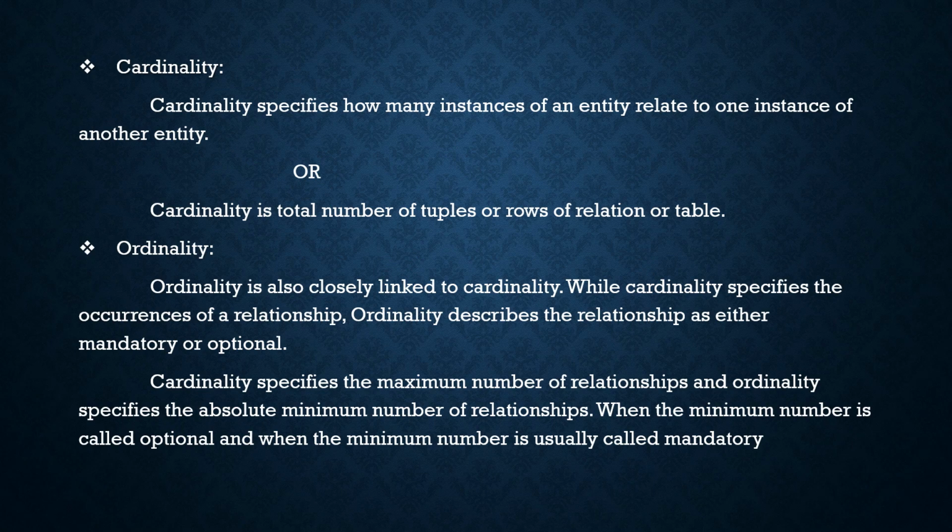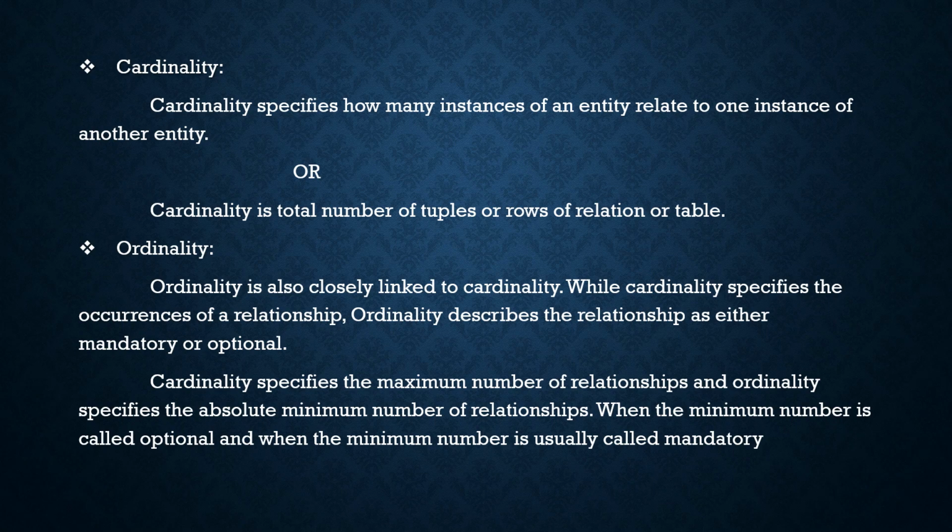Cardinality specifies the maximum number of relationships, whereas ordinality specifies the absolute minimum number of relationships. When the minimum number is zero, it is called optional, and when the minimum number is one, it is usually called mandatory.